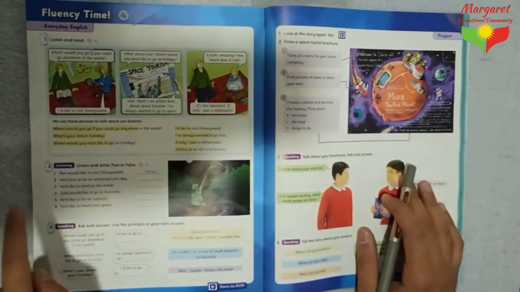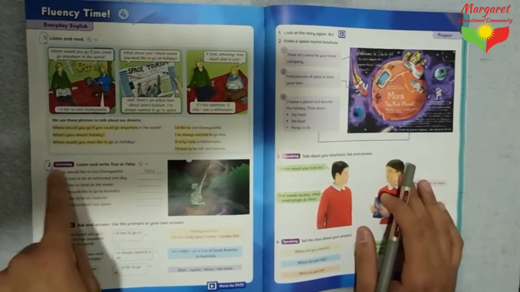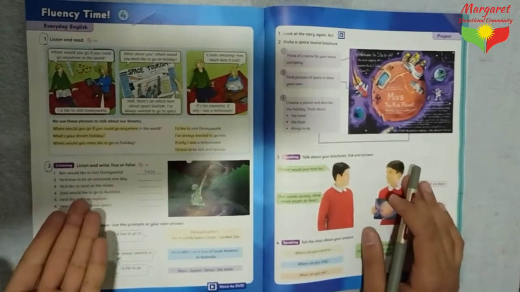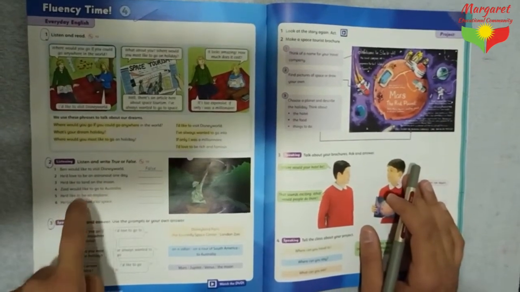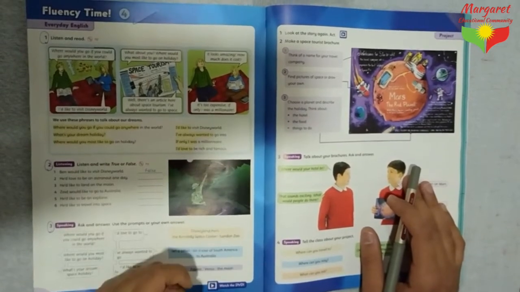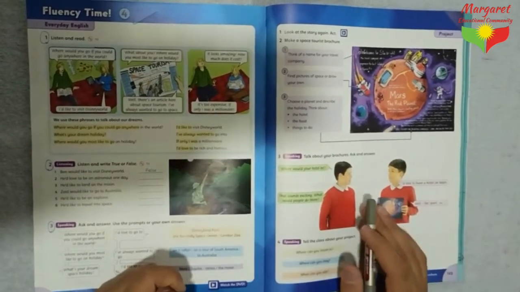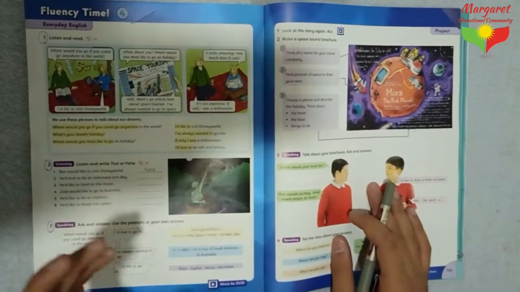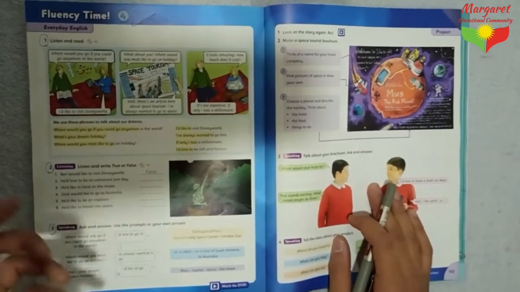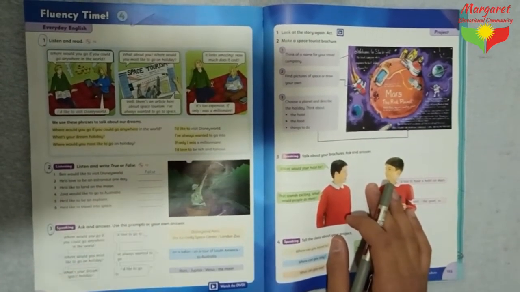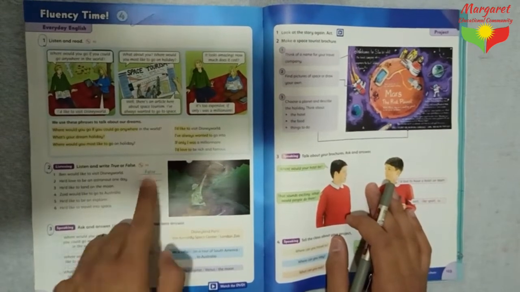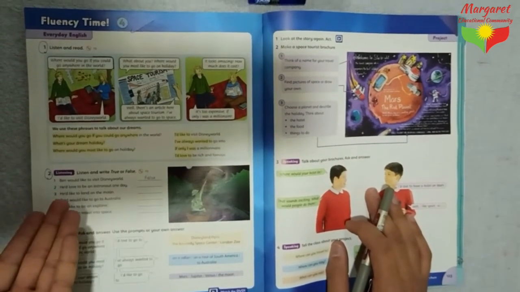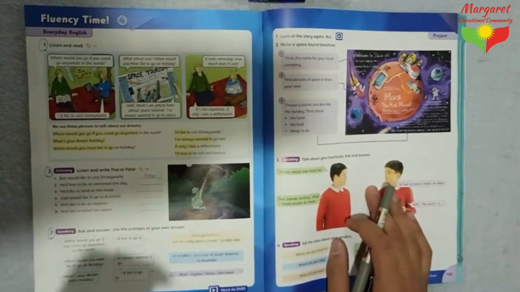In the second section, my dears, we have a listening practice. So this is important. Listen to the speech about this person. The speaker talks about this person, and then you have to mark the sentences true or false. For example, number 1 is false. Number 2, he would love to be an astronaut one day. Is this true or false?